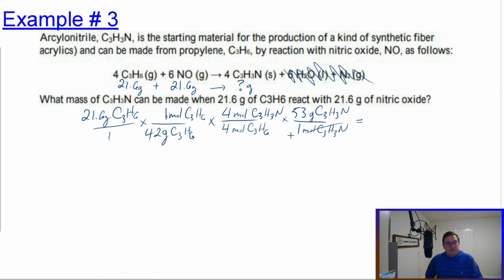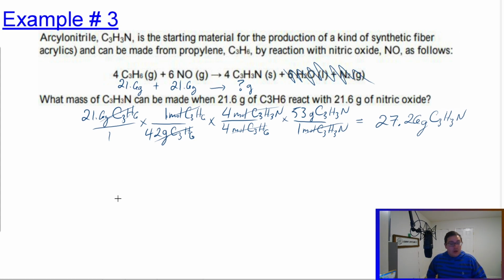Sweet. All those units cancel out. Oh, that's just so fun to do. So I got 21.6 divided by 42 times 53. And we have 27.26 grams of C3H3N.